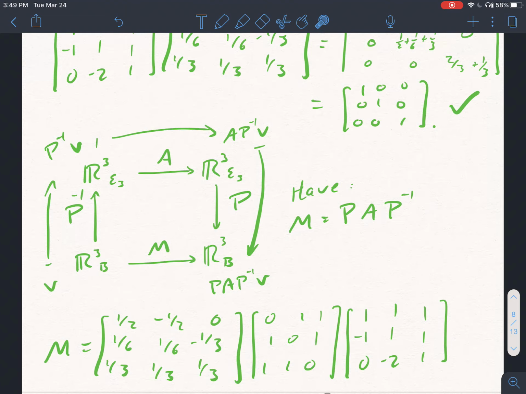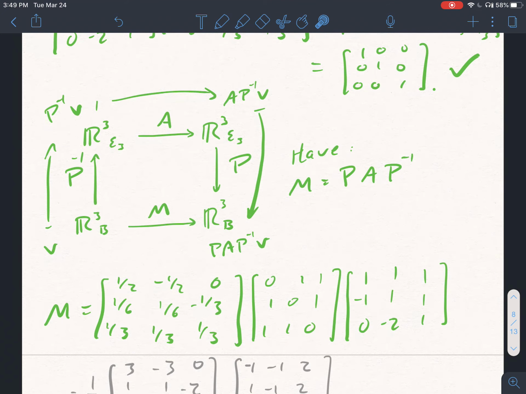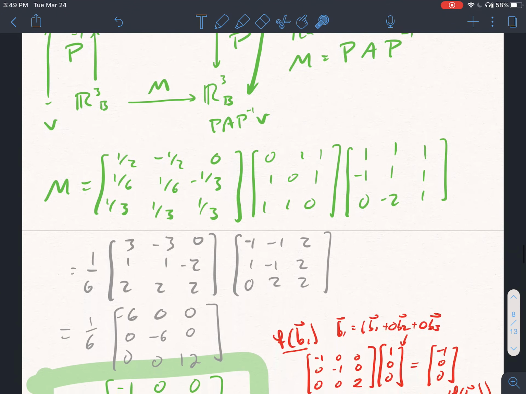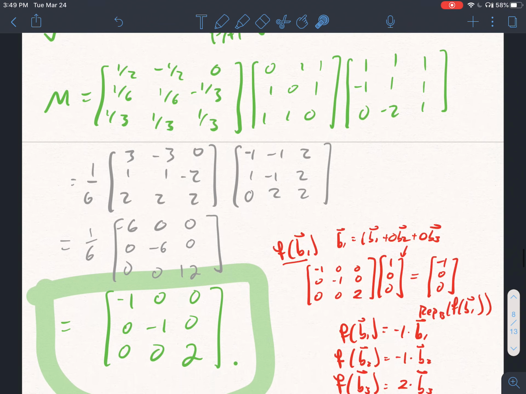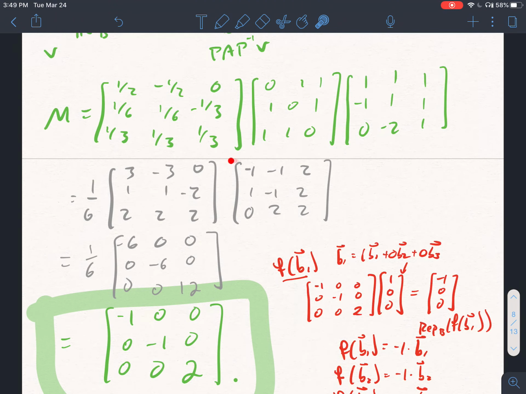And so to get our final change of basis matrix, I just have to multiply these three matrices together, and again, not particularly worth going through this calculation, but I'll leave it on screen if you want to check it. But if you multiply these three matrices together, what you end up getting, miraculously, is this diagonal matrix, -1, -1, 2 along the diagonal, and then zeros everywhere else.